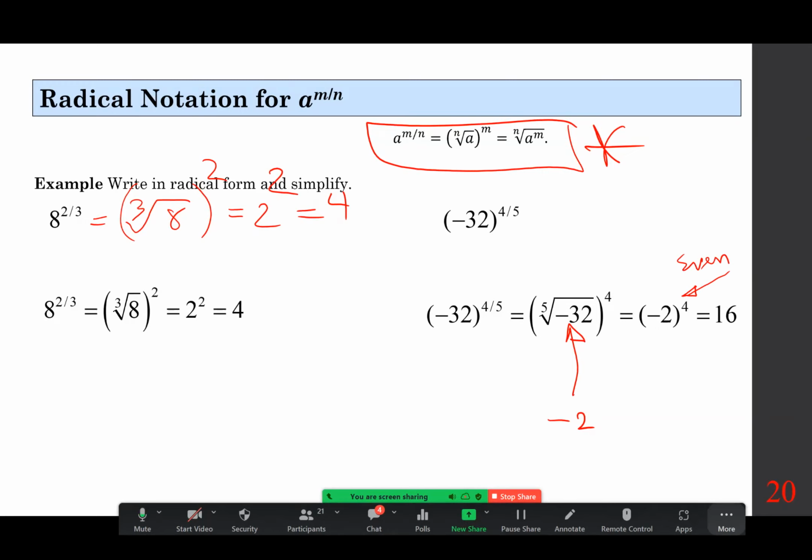And again, we don't want to mix up these two. This is not the same as this. The left side is negative 16. The right is positive 16 because of the order of operations.